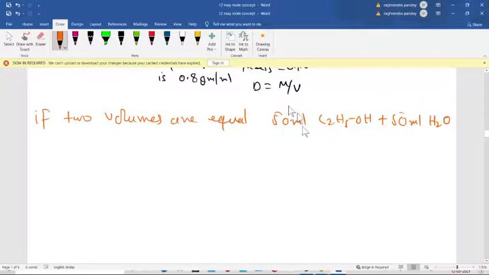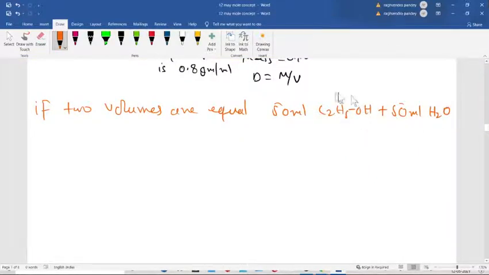Now here both are 50-50, so how will you consider which is your solute? The solute-solvent concept will not be there. So we have to calculate the molarity by taking ethanol as a solvent, and we have to calculate the molarity by taking water as a solvent, and we have to mention it.